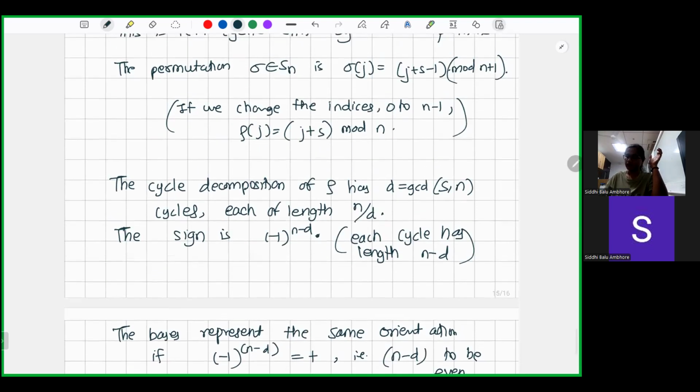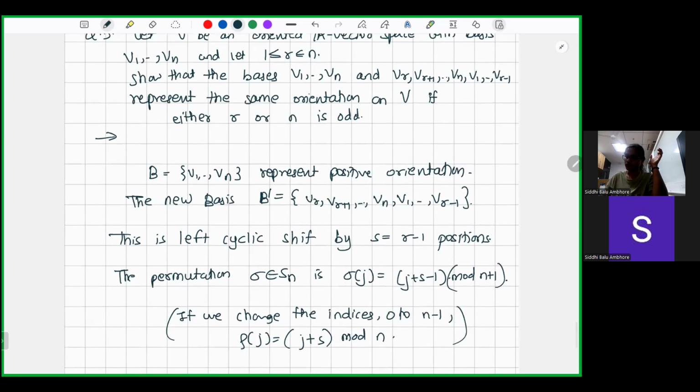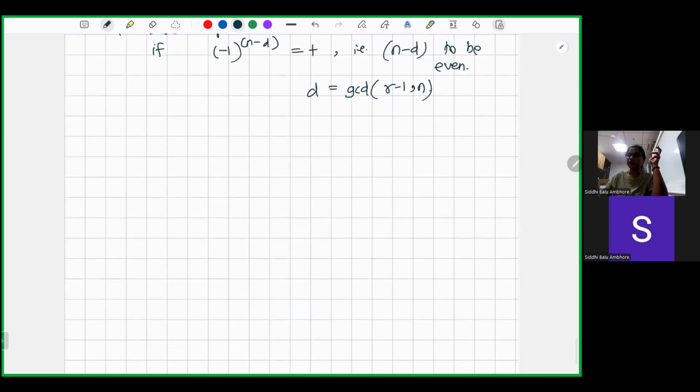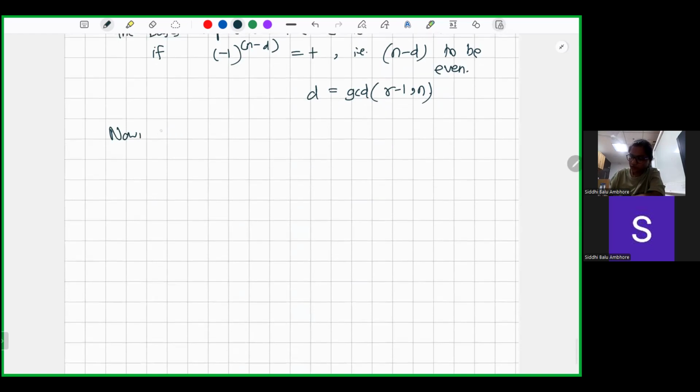That's what this s was, r minus 1. So there are cases based on n odd, n even, and so on. Now we show this holds.